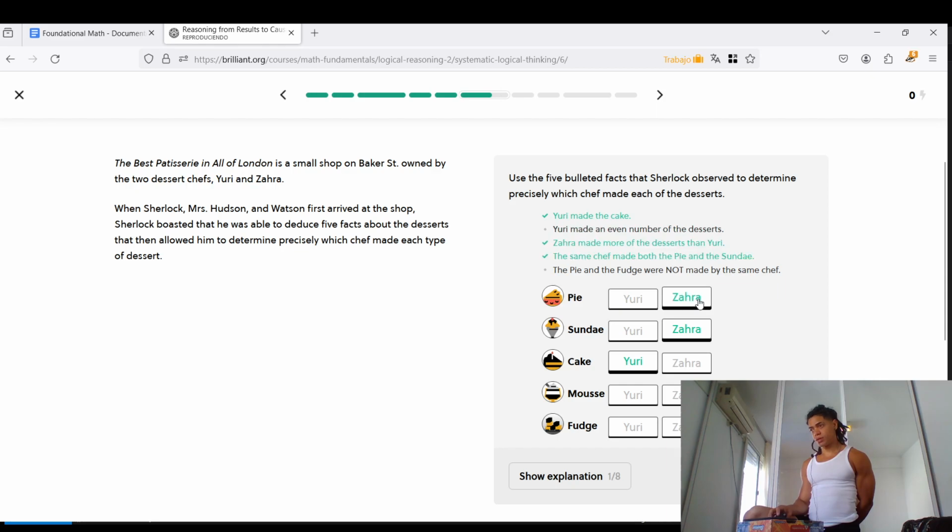But the pie and the fudge were not made by the same chef. So Judy must have done the fudge, and Sarah must have done the mousse.